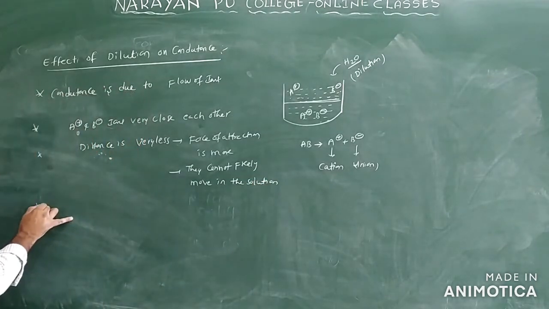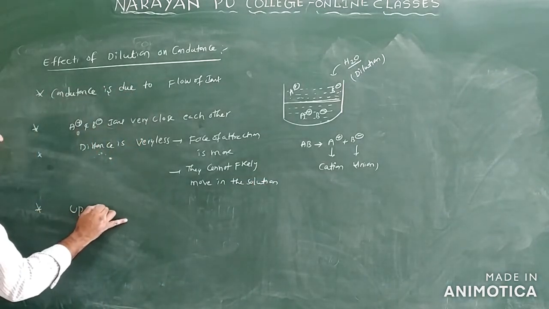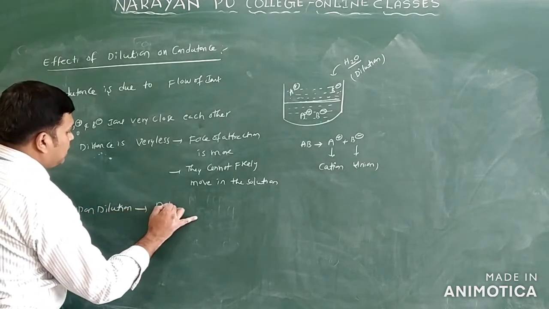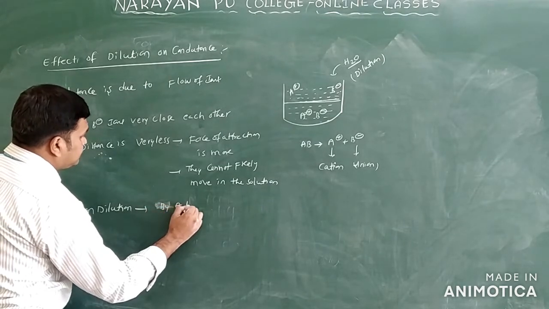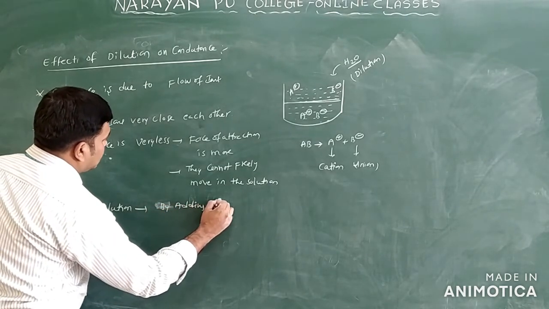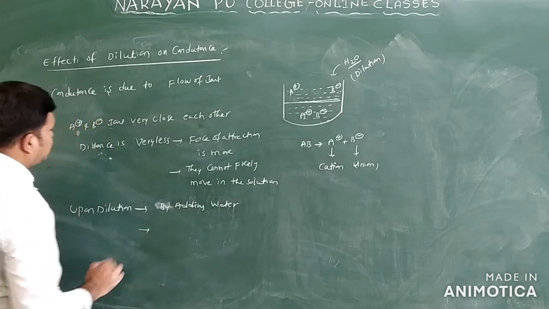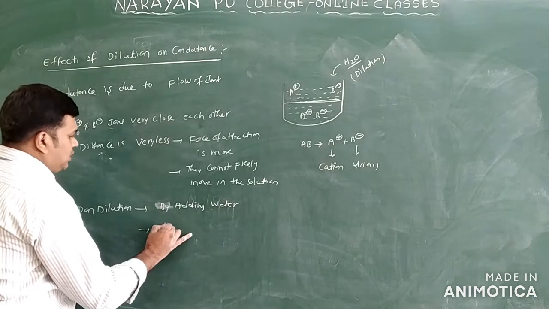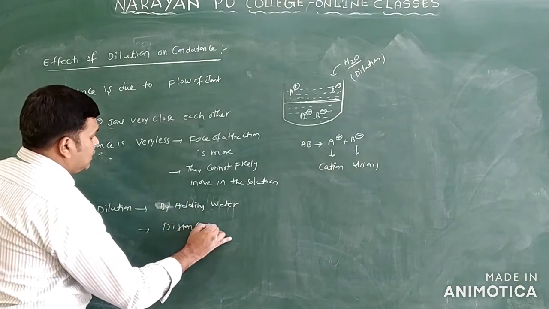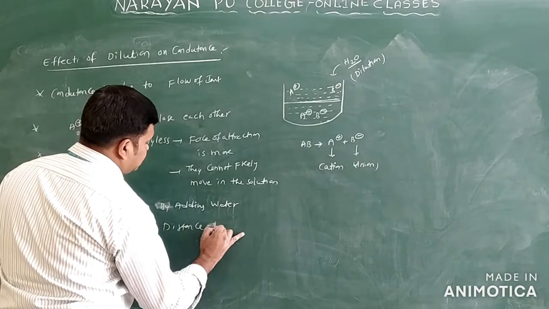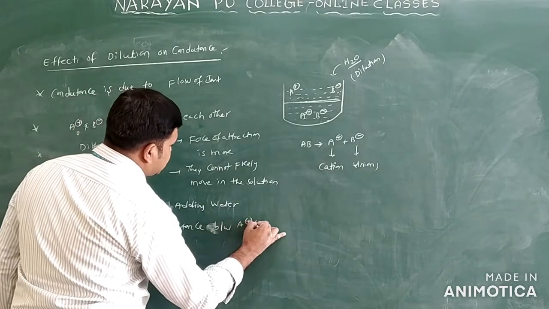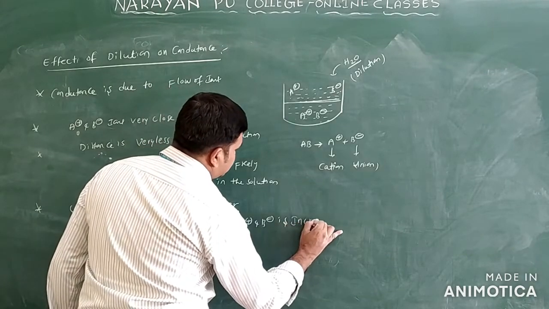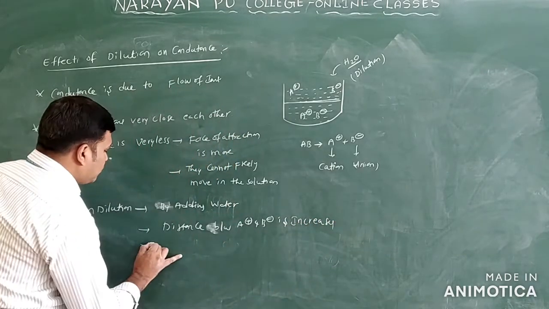Okay, then what are you doing? Upon dilution. Upon dilution means what here? What are we adding? We are adding water. Upon dilution means by adding water. By adding water, what is the observation? The distance between A plus and B minus increases only. When the distance increases, then what happens?